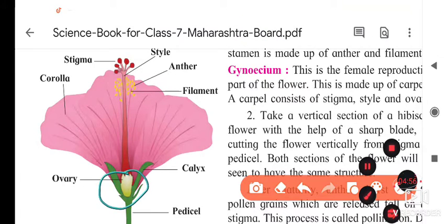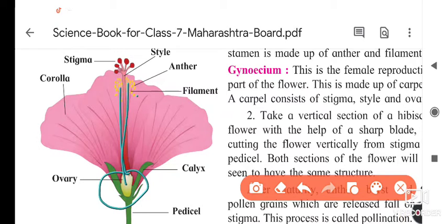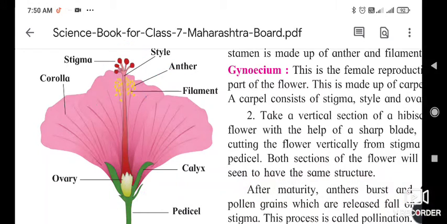This is the ovary, and this is the stigma, and here is a filament. Here is the filament, and these are anther and a style. This is a stigma. It is a female structure of the flower.